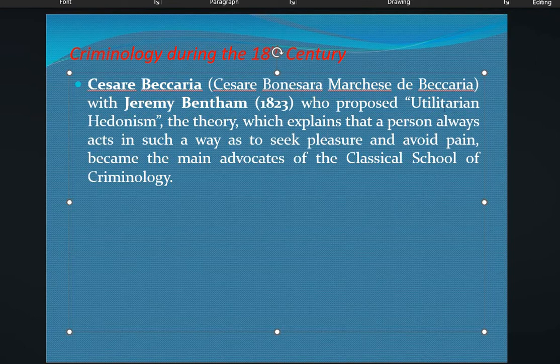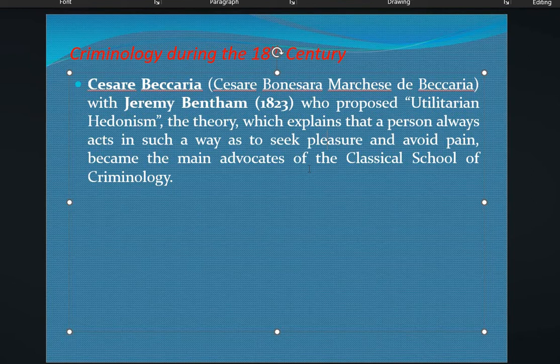Again, when we hear the words utilitarian hedonism, it talks about pleasure and pain proposed by Cesare Beccaria. This is part of the classical school of thought. So take note, when we say classical school of thought, Cesare Beccaria with Jeremy Bentham also included utilitarian hedonism, which talks about pleasure and pain. What pleasure and pain means is that we humans go for what is easier. We don't like what is difficult. So wherever it is easier and we won't struggle, that's where we go.